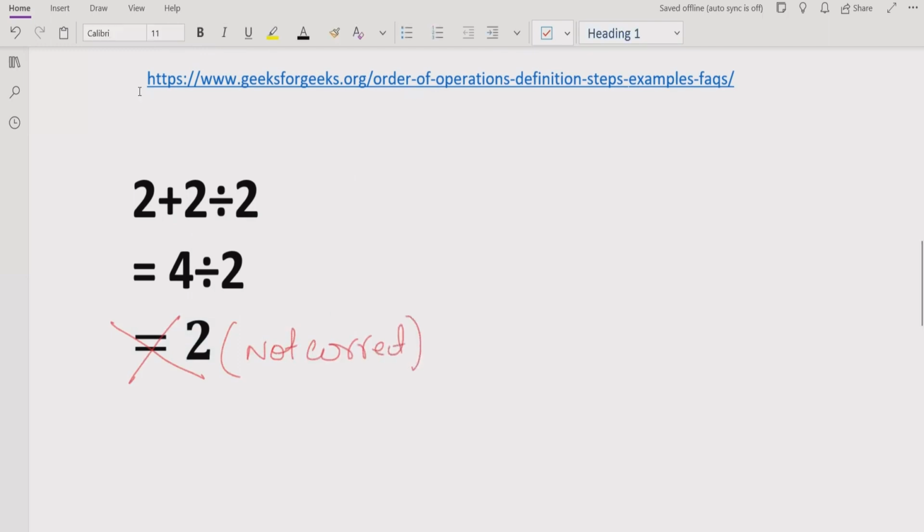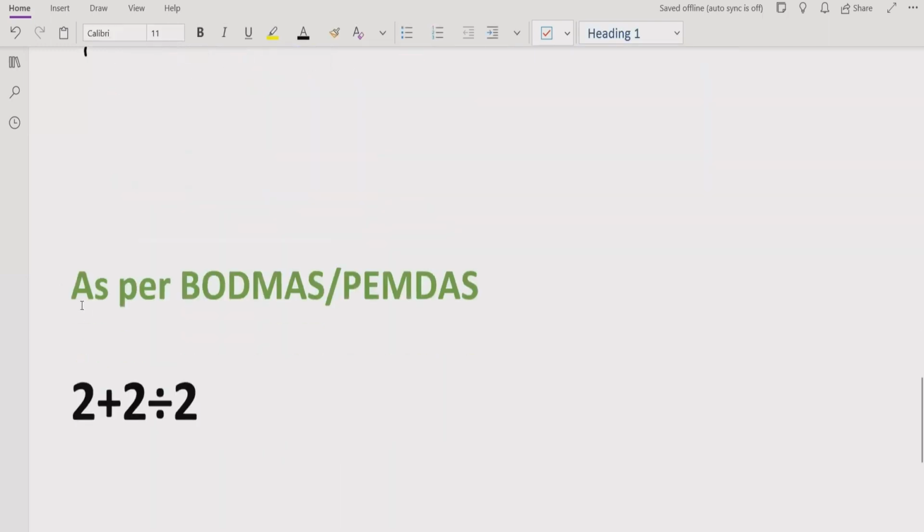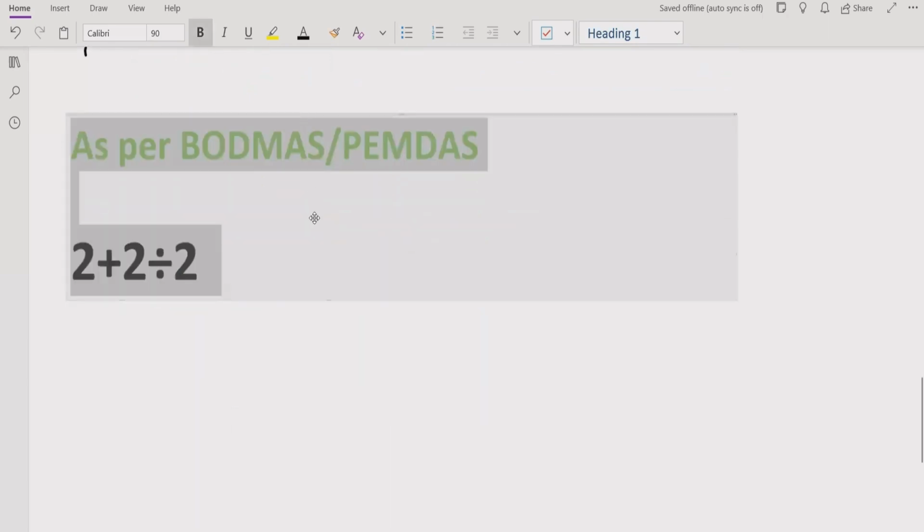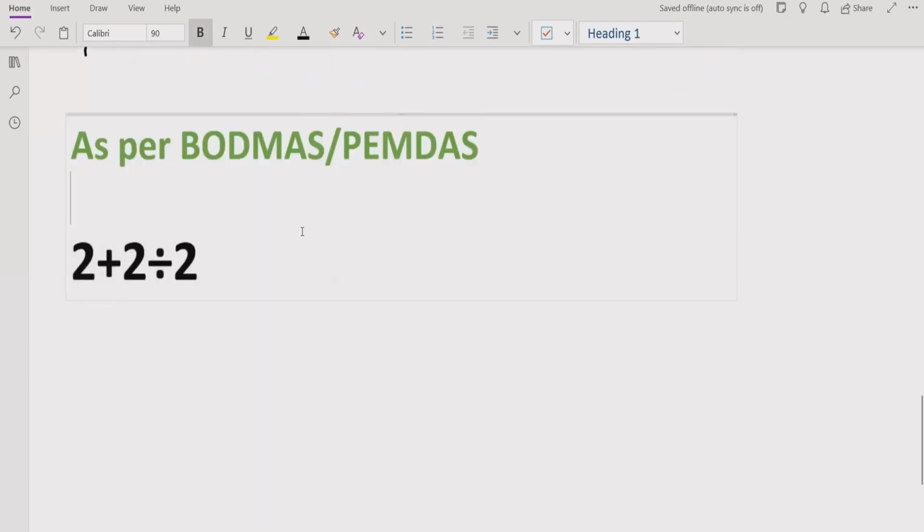So here we have to see how you can solve it. As you can see on the screen, we will follow the PEMDAS and BODMAS rule. According to the rule of PEMDAS, we have to see the bracket first in the expression. But you can see on the screen that we do not have any bracket. After that, we solve the exponent and square root.